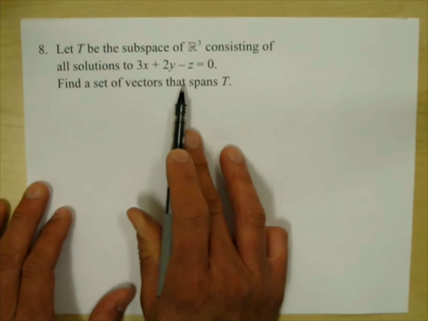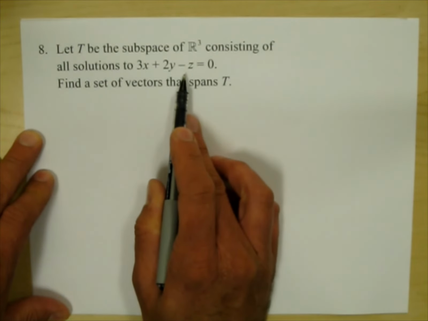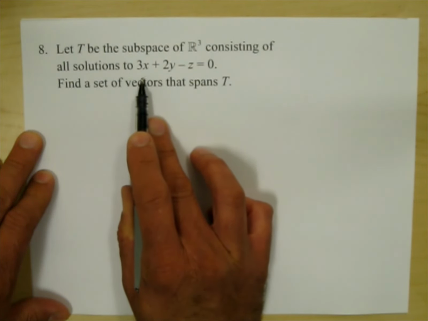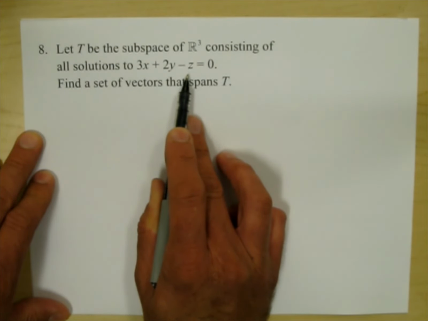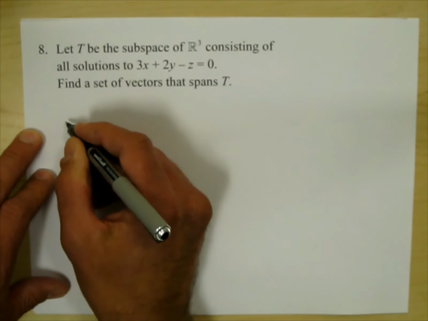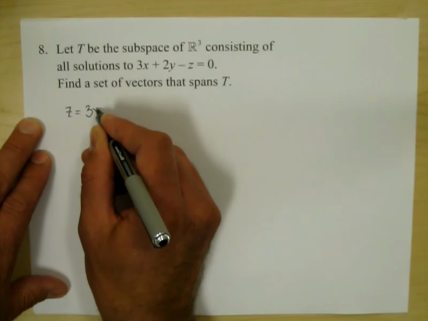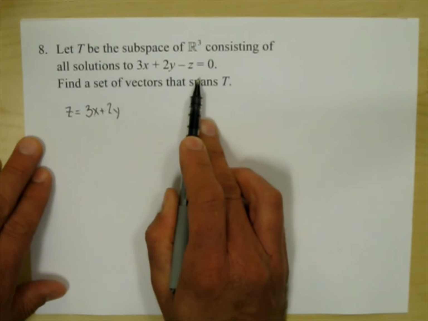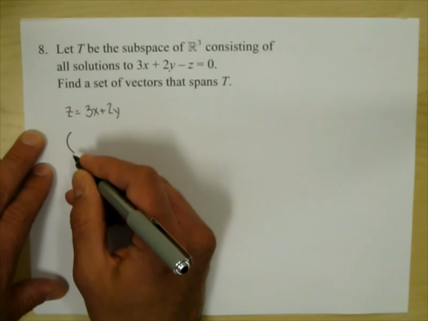So how am I going to do this? They're asking us to do some of these problems backwards now. I'm going to take this plane here and solve for any one of those 3 letters. Which letter would you solve for? Most of you would say Z, because you don't have to divide and get fractions. So that's what I'm going to do. Z equals 3x plus 2y. So this plane can be represented by these points.